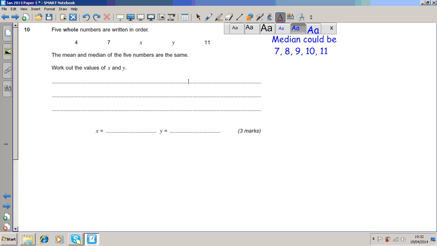So now trying to work out what the number could be. Well, 4 add 7 is 11, add 11 is 22. The mean is the sum divided by 5, then the mean is going to be the sum of them over 5, and the median has to be the same as that.